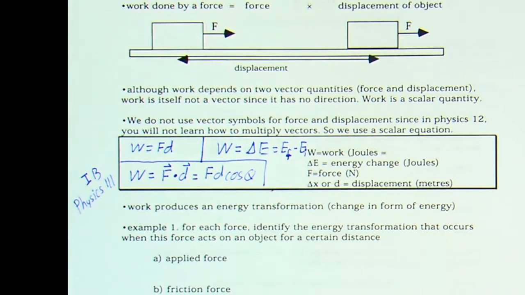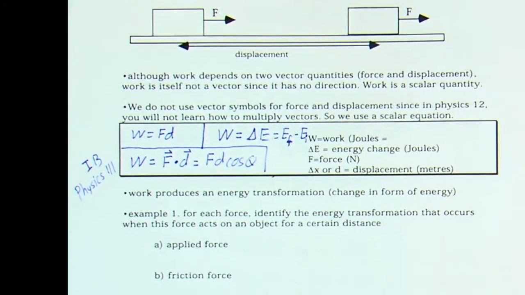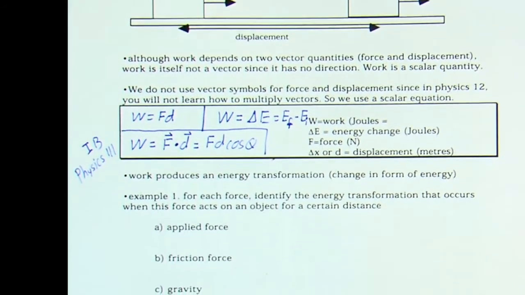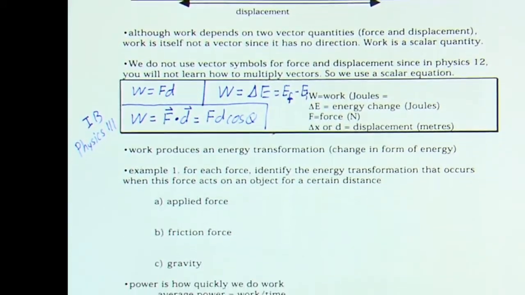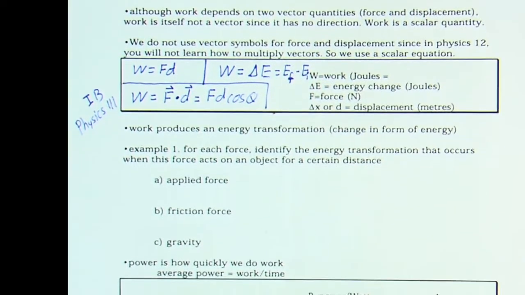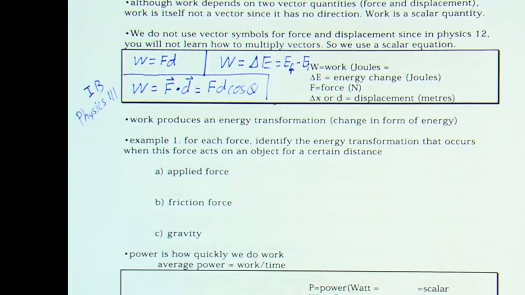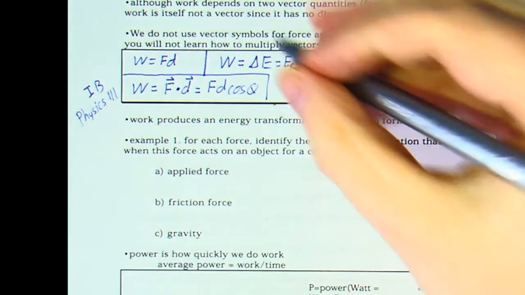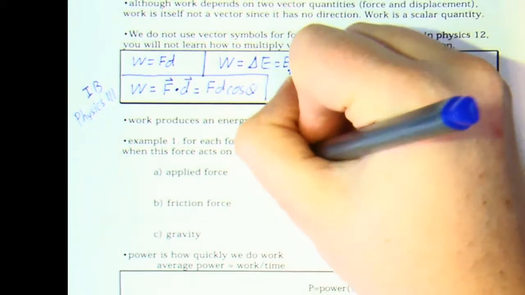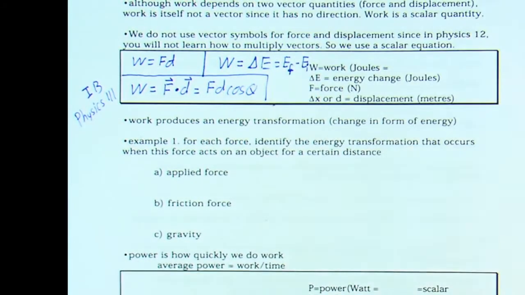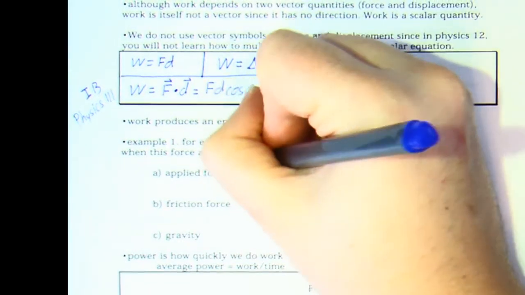Okay, so work, the idea behind the reason we do work is that it produces some form of energy transformation. So maybe you put work in and you give something kinetic energy, for example, or a friction force produces heat. So an applied force, generally the applied force is done by you, and you take food energy.